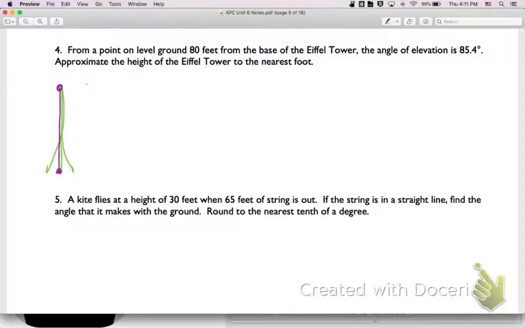From there, we are measuring from a point 80 feet away. This is not to scale. And so the angle of elevation would be this right here, and that, they said, is 85.4 degrees. We want to solve for the height of the Eiffel Tower. Pause the video and try that yourself.